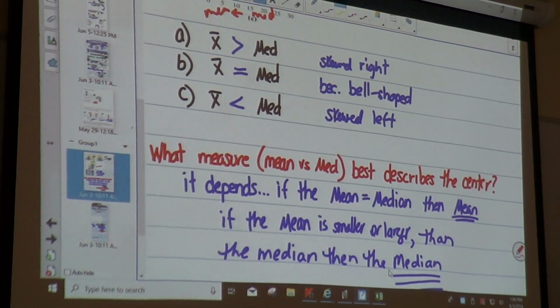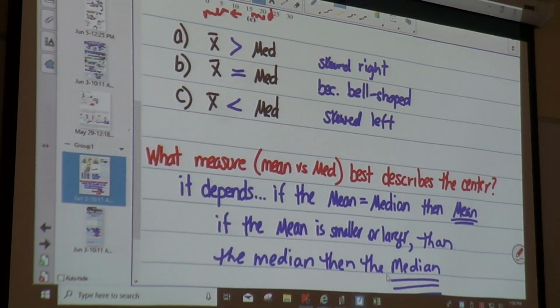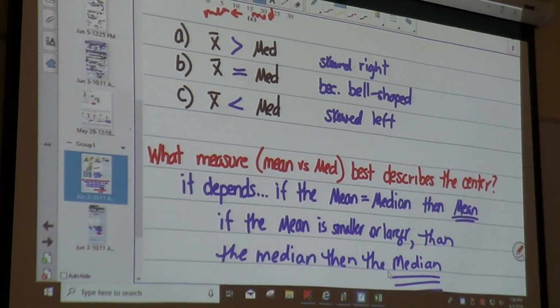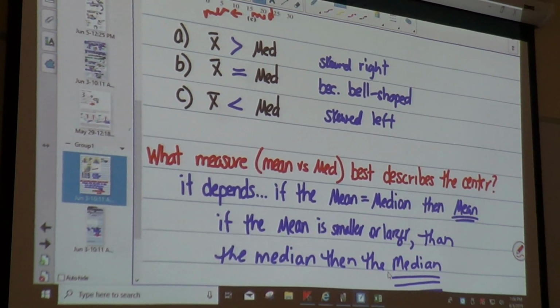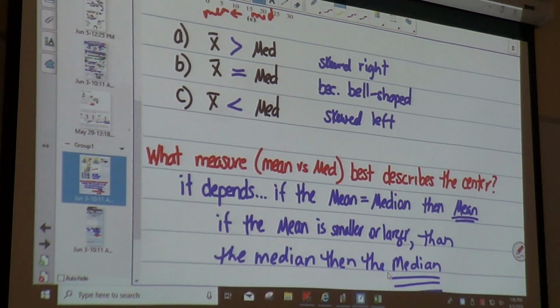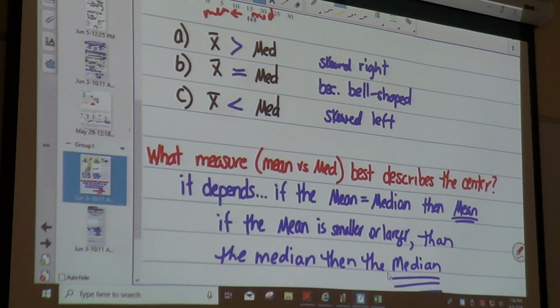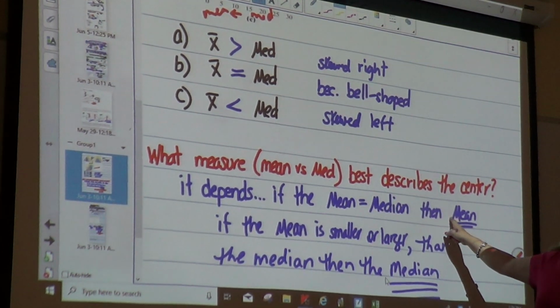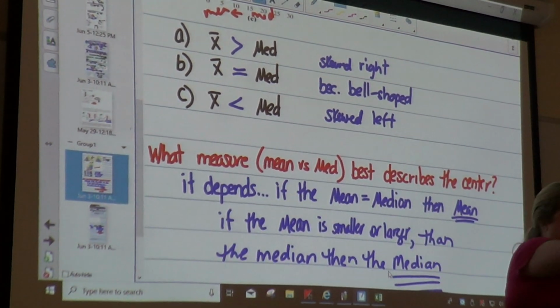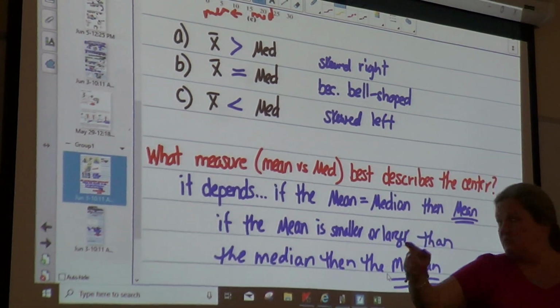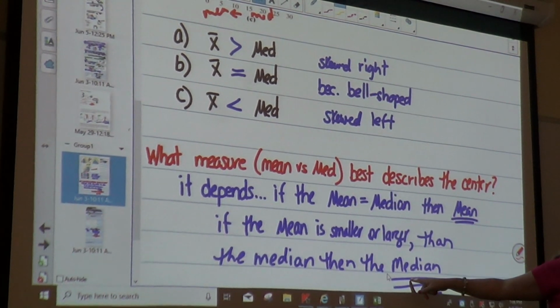So, if somebody says, what's going to best describe y'all's grades? The mean, the median, or the mode? Well, if your class is bell-shaped, the mean best describes your grades. But if your class is skewed, the median best describes your grades.